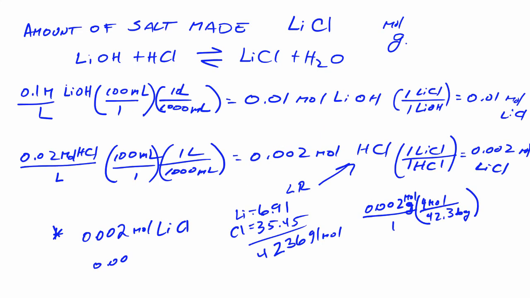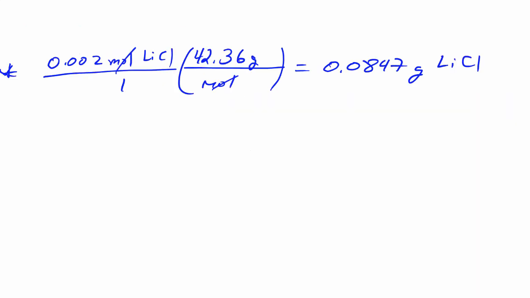This is a limiting reagent problem. Figure out how much lithium chloride is made if you react all of this and all of this, and you notice everything's a one-to-one relationship. The least amount I'm going to make is 0.002, so HCl is my limiting reagent. Carry this forward to mass, and this is how much salt I make.